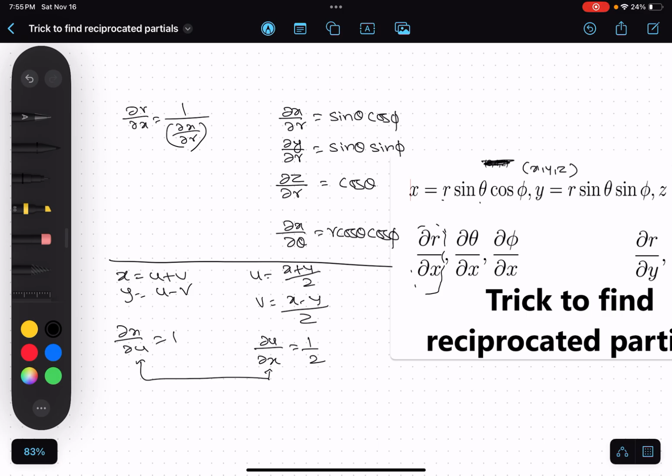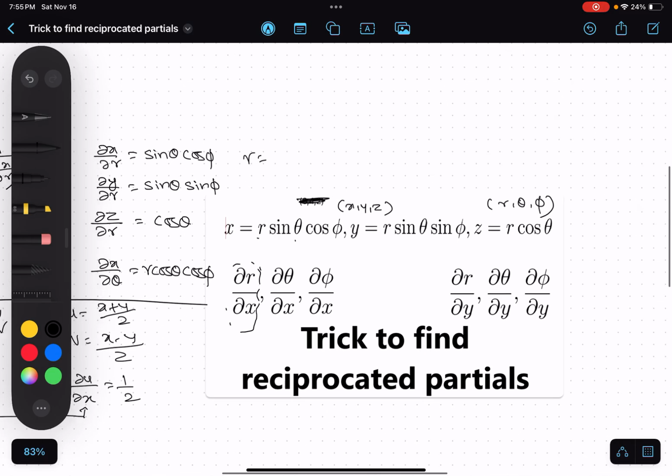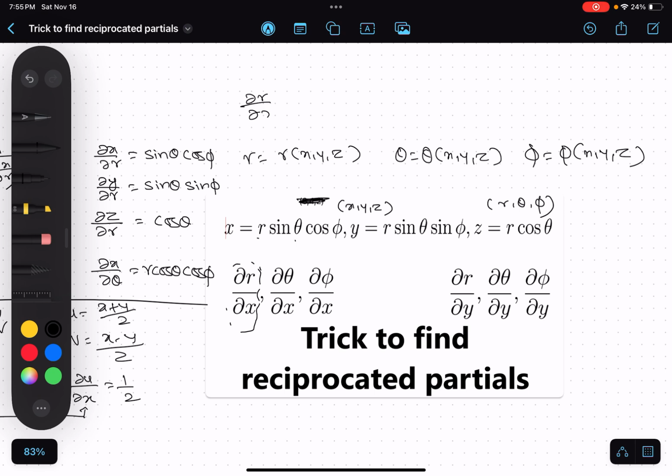But for now, we will try to find equations for r in terms of x, y, z, for theta in terms of x, y, z, and for phi in terms of x, y, z. If we find that, then we can easily find partial r by partial x, partial theta by partial x, partial phi by partial x, or partial phi by partial y.